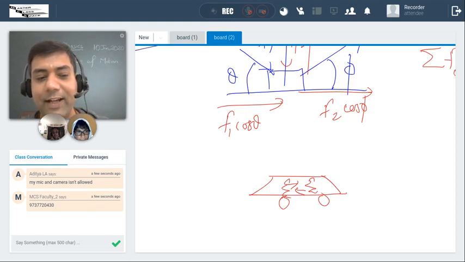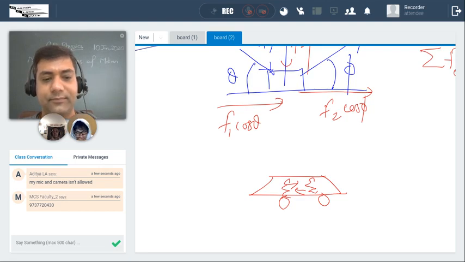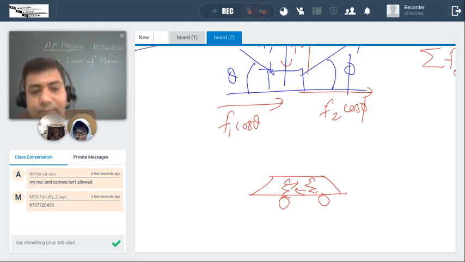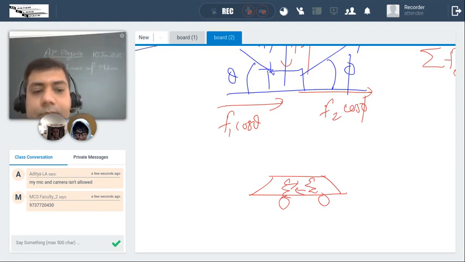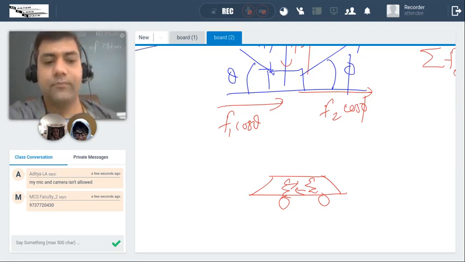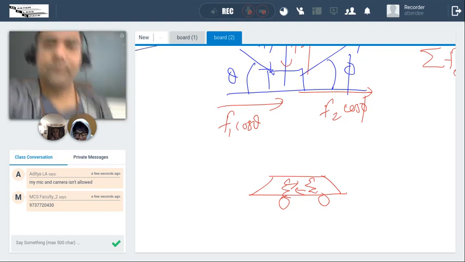Ishita, why the car didn't move? Because if you think of the car as the object in your system, in order for the car to move, the external force has to be outside the car, pushing the car from the outside.